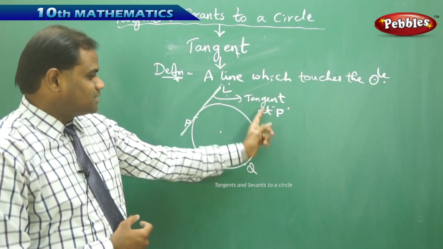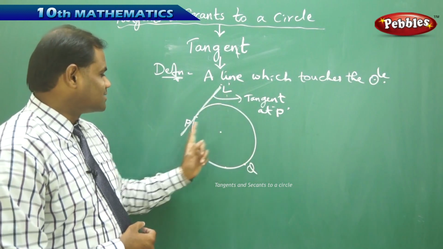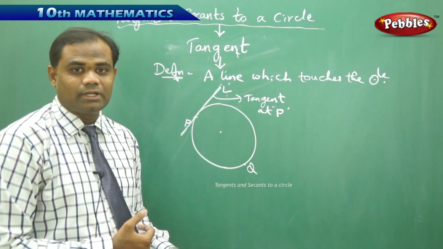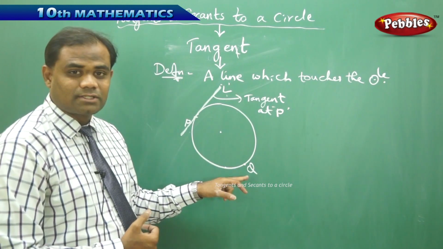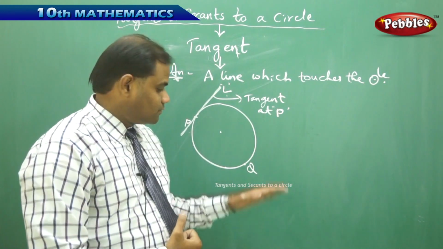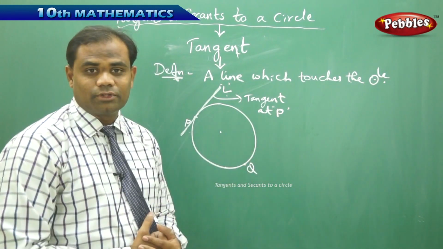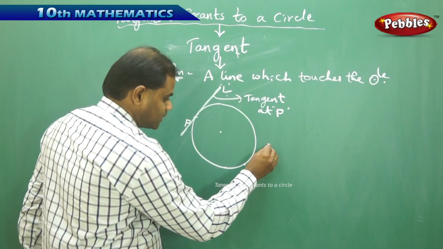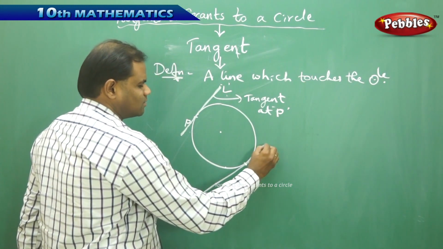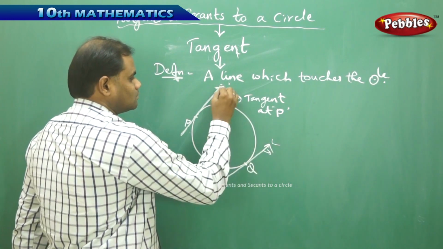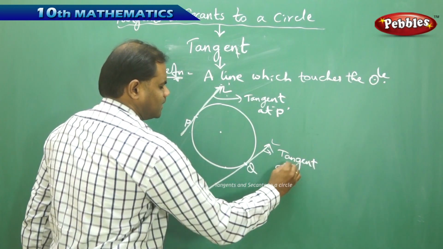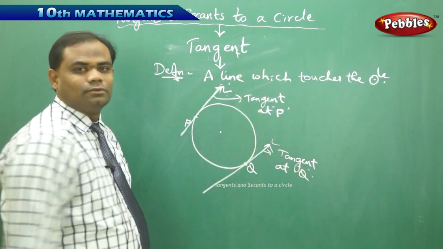Now I call this as tangent at P because this line touches the circle at point P. If I wanted to find the tangent at Q, then I have to draw a line which touches the circle exactly at the point Q. Then I refer to that line which touches the circle at point Q as tangent at Q. So for example, I have this touching at Q. Then this is called the tangent at Q.